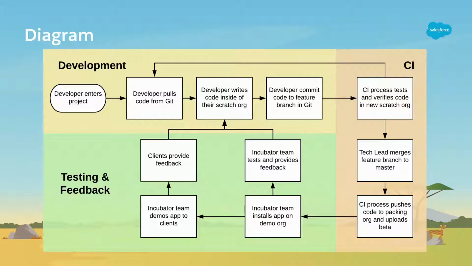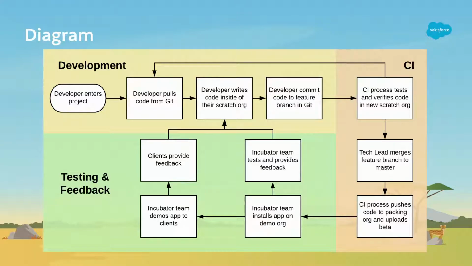But if it gets to a point where we want to actually release a demo, then the tech lead, which is me, merges that feature branch to the master branch. And when that happens, we have another CI process that kicks off that takes the code, pushes it to a packaging org, and then runs a DX command to actually upload that package and essentially release a beta.